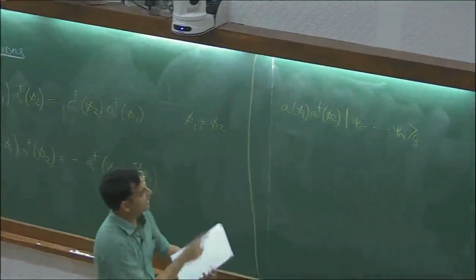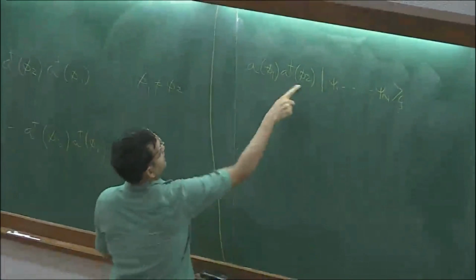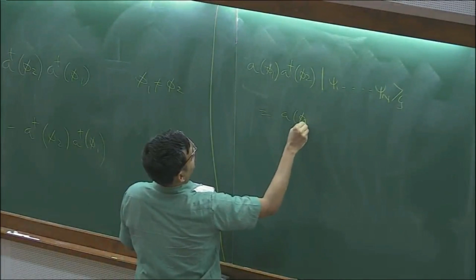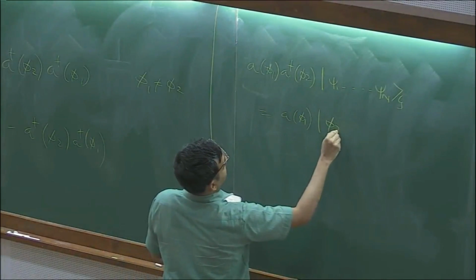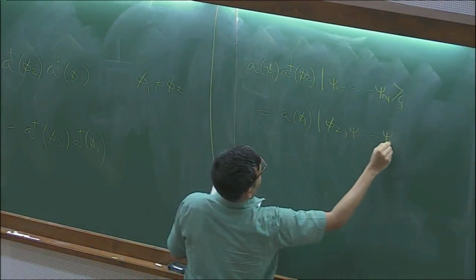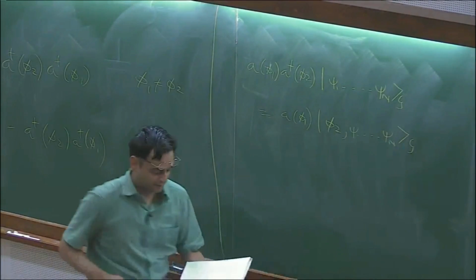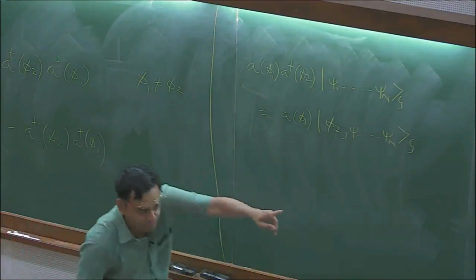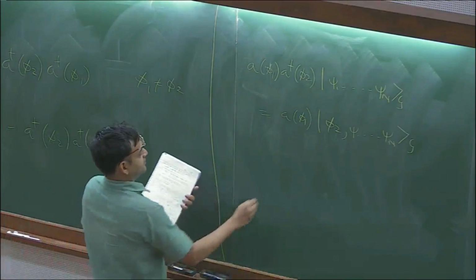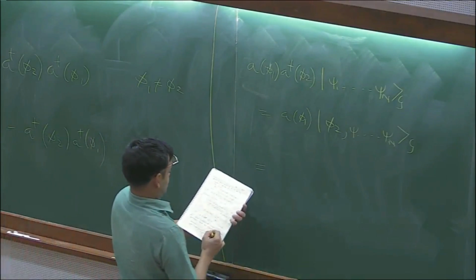Right? Let's write down what this is. First you create, so this is A of phi 1. Now to destroy you use the formula we had earlier, right?